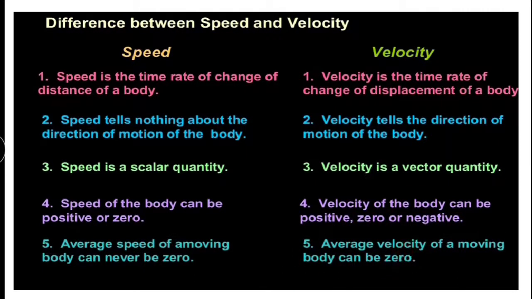Suppose a body moves along the circumference of a circle starting from a point and again reaches the same point, then the initial and final points coincide, hence displacement is zero, hence average velocity is zero. So these are some differences between speed and velocity.